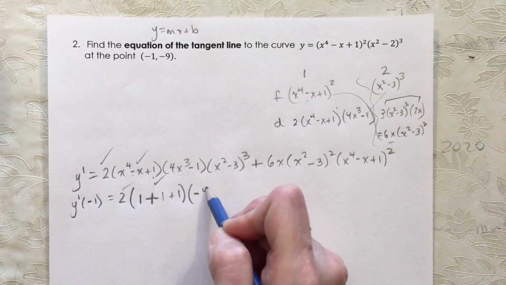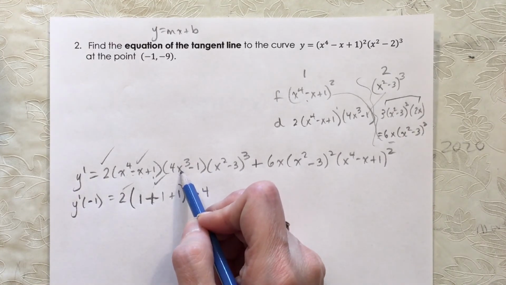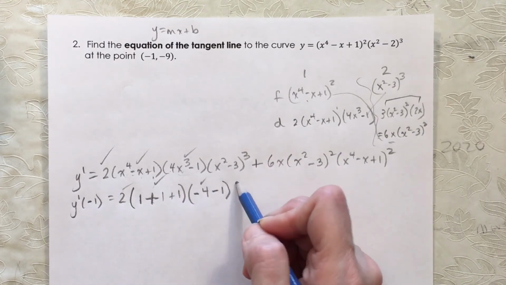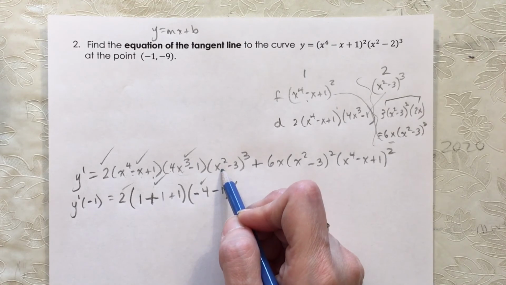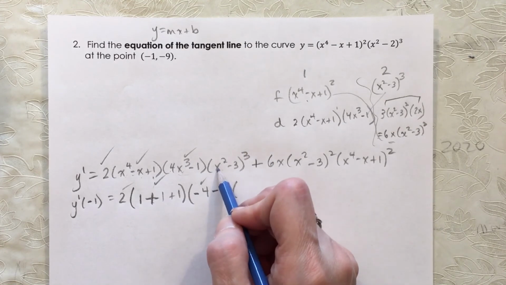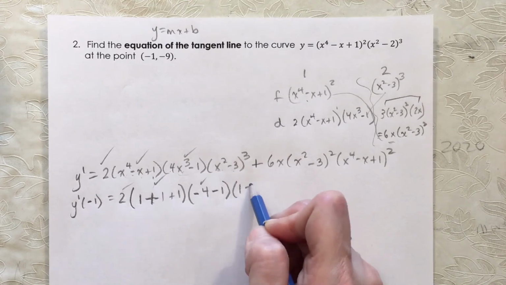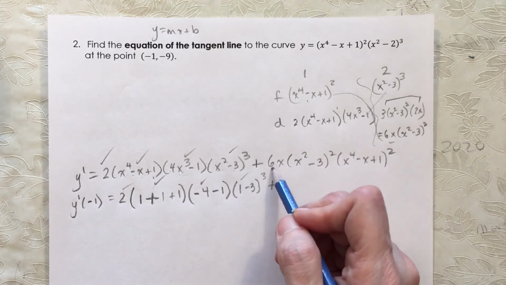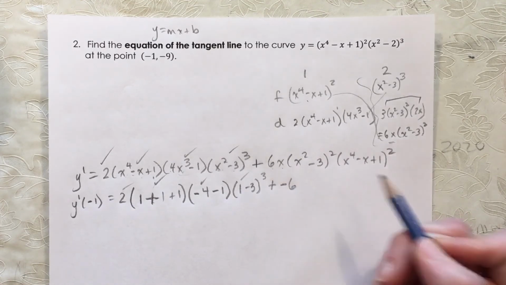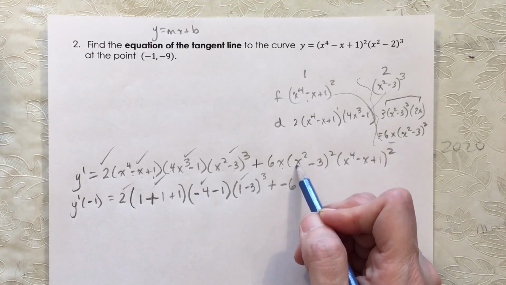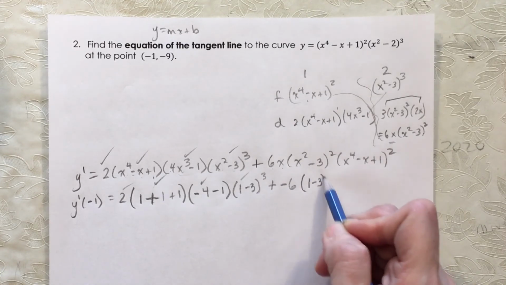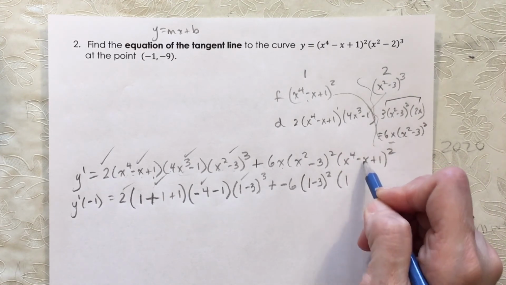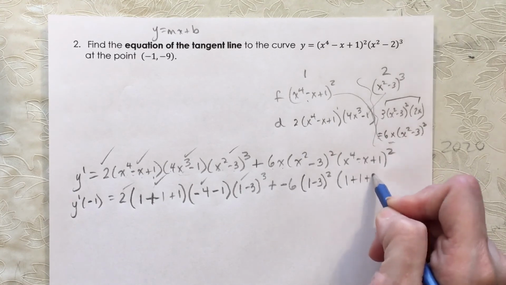That's going to give me -4, because -1 cubed is -1 times 4, minus 1. And then now I'm squaring -1, which is going to give me +1, +1 minus 3 cubed, plus 6 times -1 is -6 times (1 minus 3) squared times 1, again, minus -1 is +1, plus 1 squared.